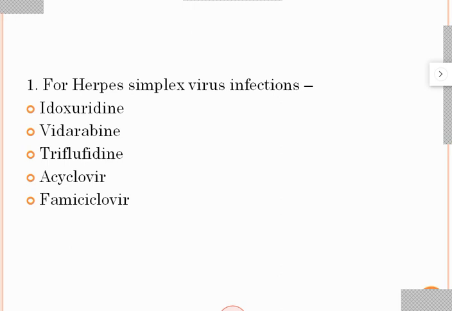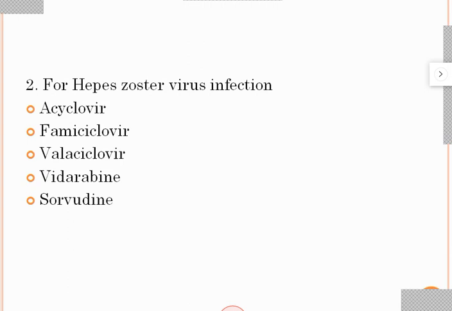The commonest viral infection we will see in ophthalmological practice is herpes simplex virus infection. For herpes simplex virus, the most commonly used drugs are idoxuridine, vidarabine, trifluridine, acyclovir, famciclovir.